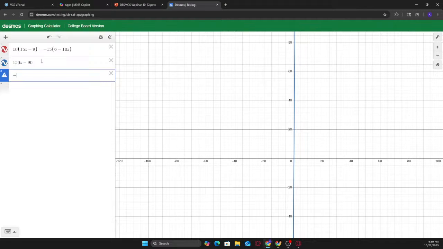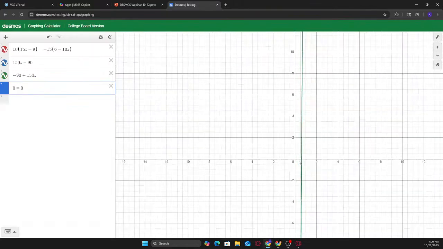So minus negative, okay, hold on. We got Desmos for reasons, so 90, yeah. So we got negative 90 and plus 150x. If we have these equal to each other, we can add 90 to the other side and subtract 150x on the other side. It's just going to be 0 equals 0.